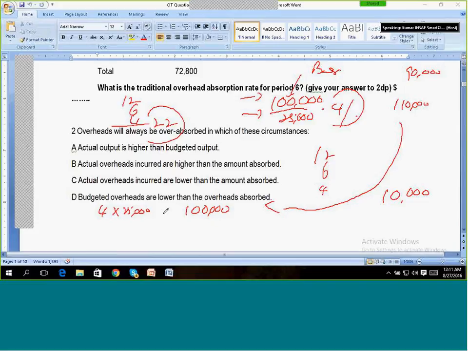You absorb 100,000 into your goods. So it means you have over absorbed 10,000. So you compare your actual overheads against whatever was absorbed and see whether there is a difference. If the amount of actual overheads is 110 and the amount absorbed is 100, then there is something called under absorption.